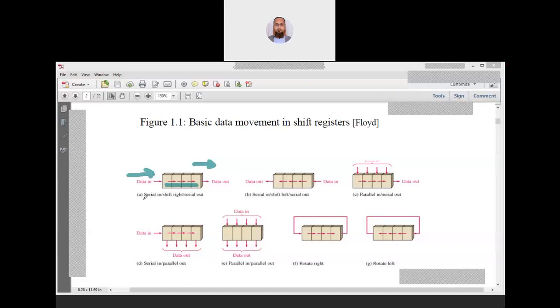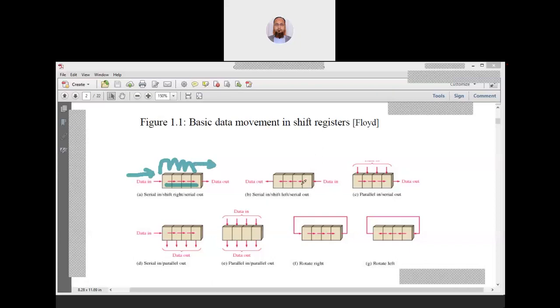This is a serial in, serial out shift register. Serially the data is moving. It will go to the first flip-flop, then the second, then the third, then the fourth. Like that it will continue. If it is a 10-bit shift register, you can have 10 serial moving data.